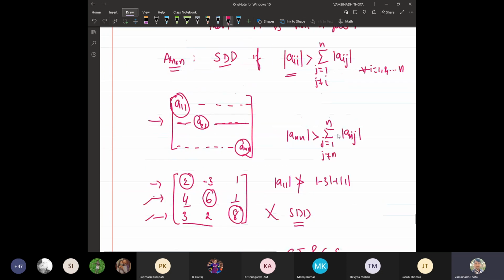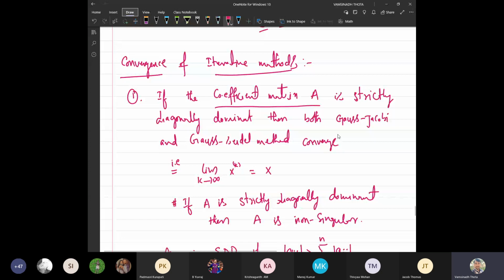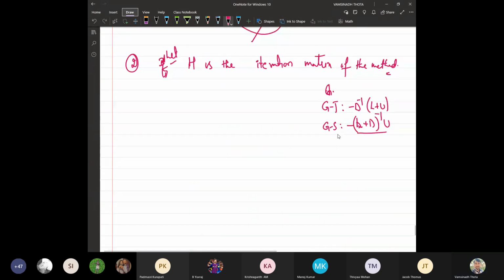If you look here, the first condition, strict diagonal dominance, does not require the iteration matrix. But here we need to emphasize it. In the Gauss-Jacobi method the iteration matrix is different, and in the Gauss-Seidel method the iteration matrix is different. Now, what is the spectral radius?